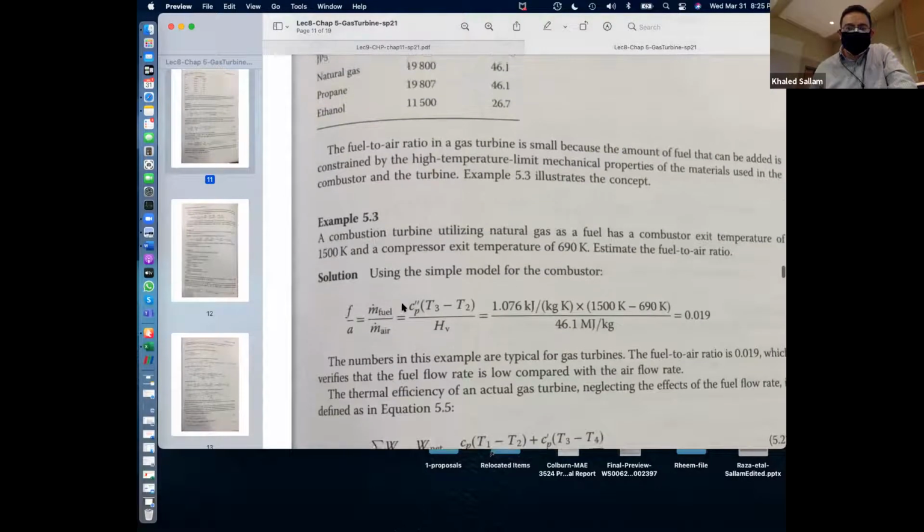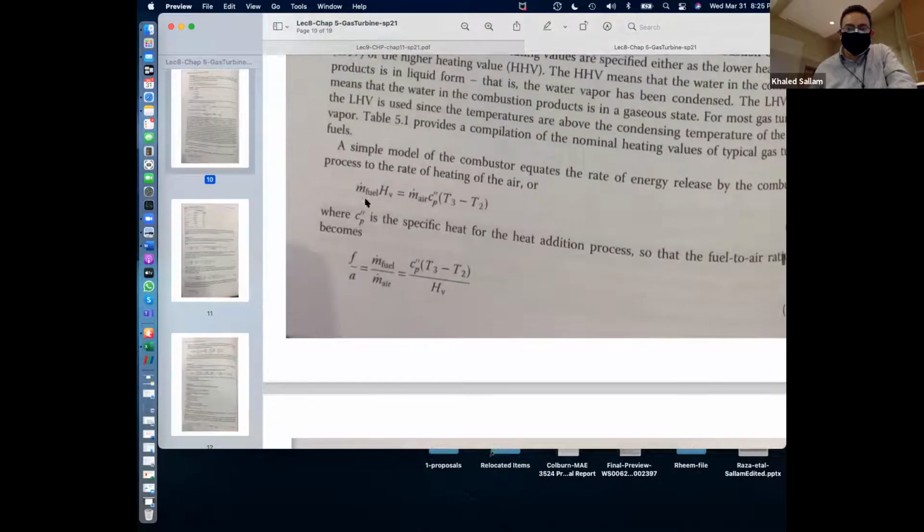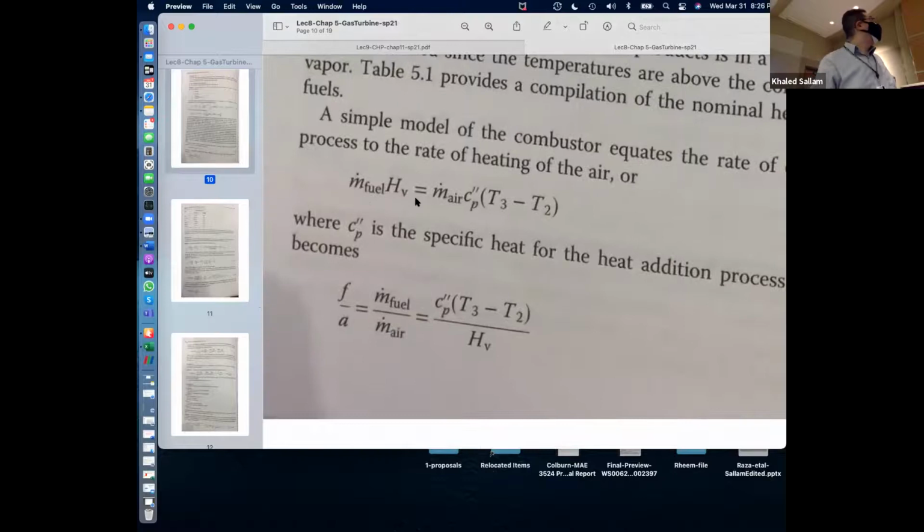The Q in the combustor was simply Q added is m dot Cp delta T. Just like our swimming pool. Q added is m dot Cp delta T.